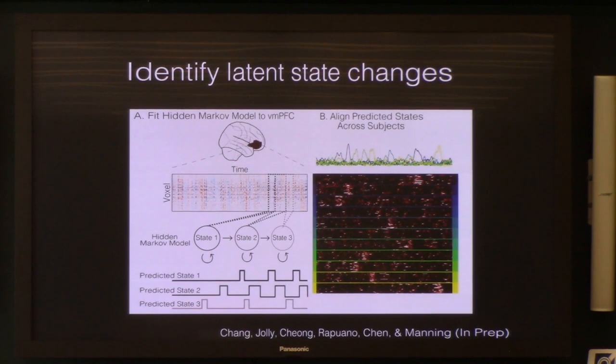So next, since we do this for every single subject, we get a prediction for what the states are, but we can try to align all of the predicted states across subjects using, essentially, probably a crummier version of hyperalignment, where we're iteratively going through and trying to align each subject. And what I'm plotting, every color here is basically a state, and every row is a subject's predicted state from their model.